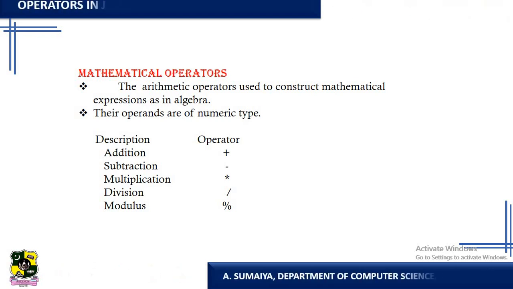The operators used are addition, subtraction, multiplication, division, and the modulo operator. Division gives the quotient value, and the modulo operator gives the remainder value. The modulus operator will produce the remainder from integer division. Okay, got it?